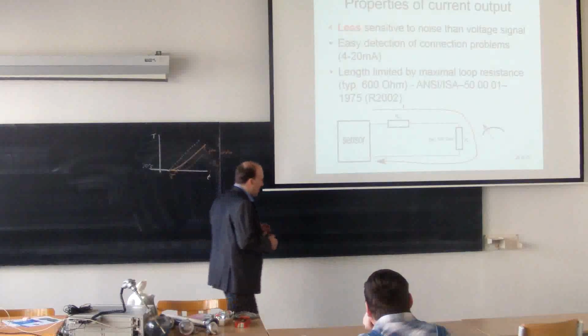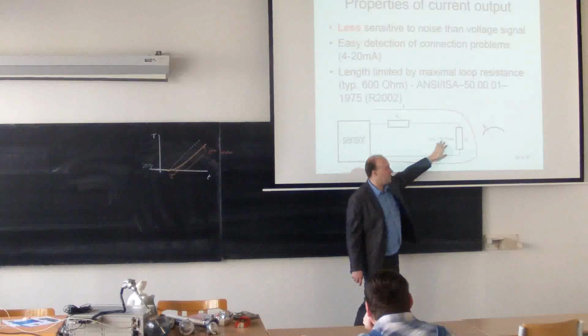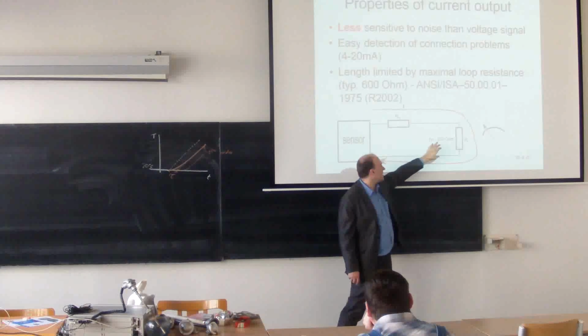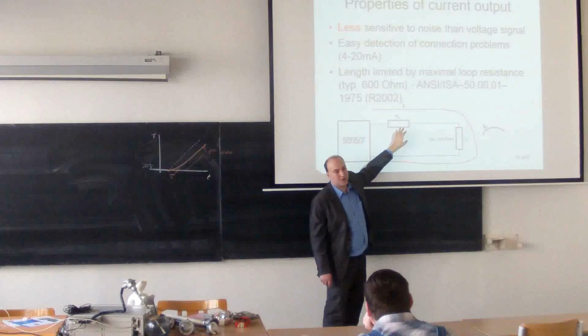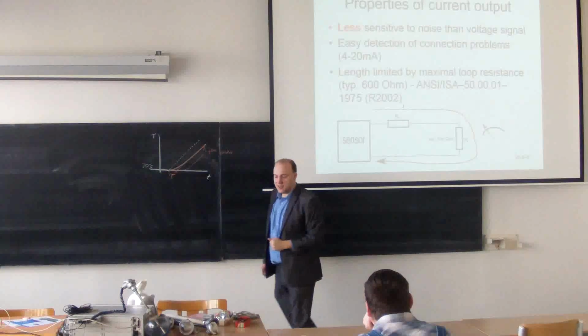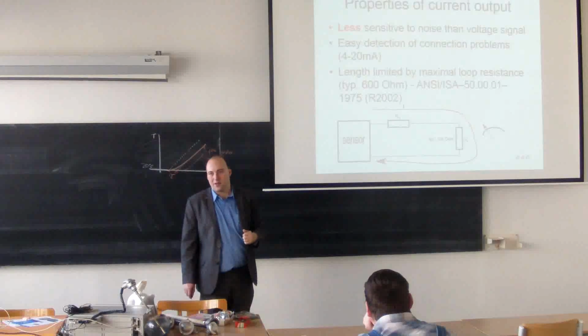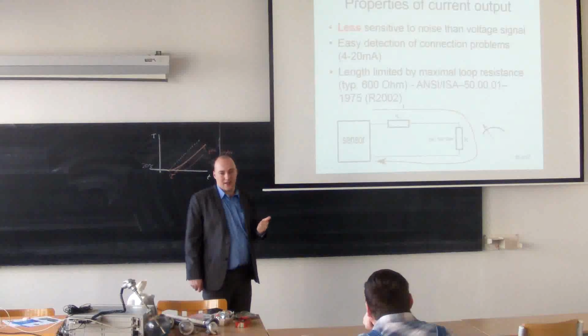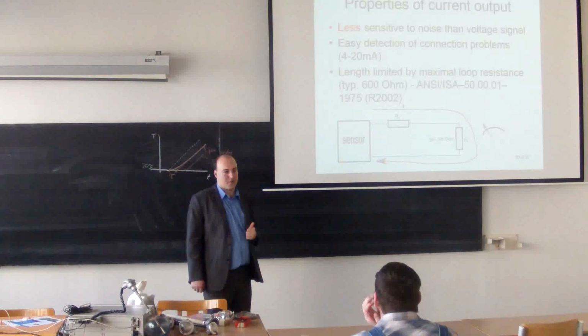And as we typically use about 100 ohms in the load to sense the current, this gives us 500 ohms for the wire. So then it's up to you to select a wire with low enough resistance so that it is within those limits.